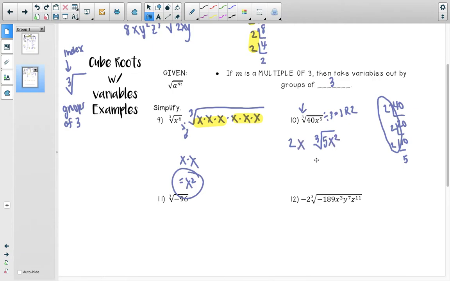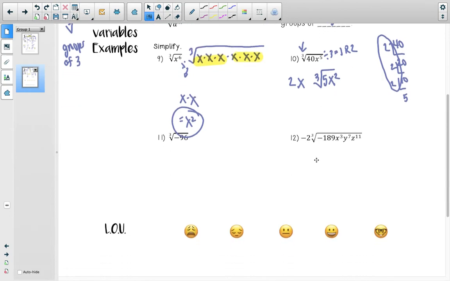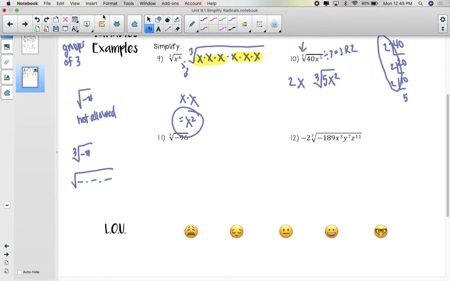the inside. Okay. Now, if we took a square root of a negative number, it's not allowed. At least not in Algebra 1. Okay? But if you take a cube root of a negative number, you're good. Okay? And just to give you some idea of why, a negative times a negative times a negative, well, actually, this is not even a good way to prove it.